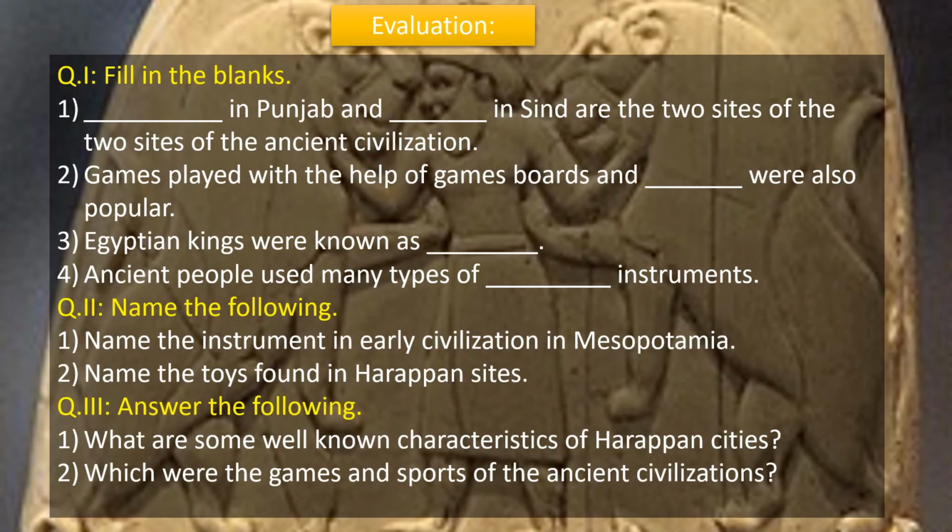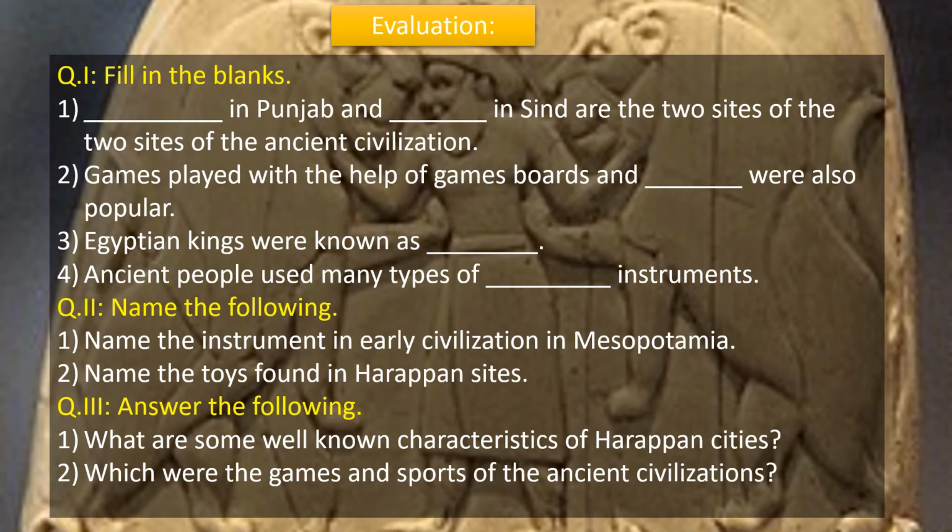Evaluation of Module 2. Fill in the blanks. First, dash in Punjab and dash in Sindh are the two sites of the ancient civilization. Answer: Harappa, Mohenjo-daro. Second, games played with the help of a game board and dash were also popular.